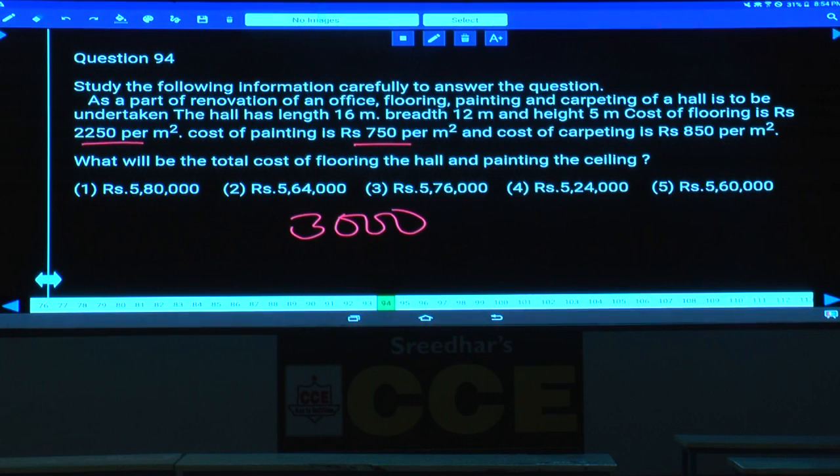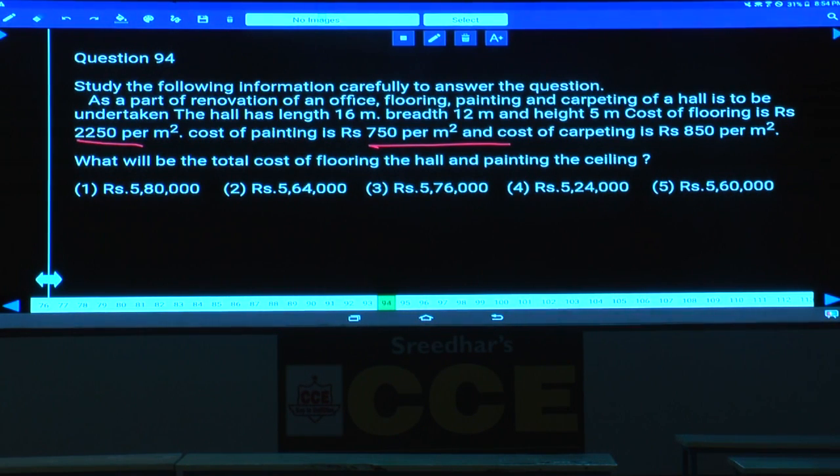Correct? Understood? Let the area of the rectangular hall be X. For flooring it is 2,250 into X, and for painting the ceiling X into 750. That is total 3,000 into X. Yes or no? 3,000 into the area of the rectangular hall, 16 into 12, 192.